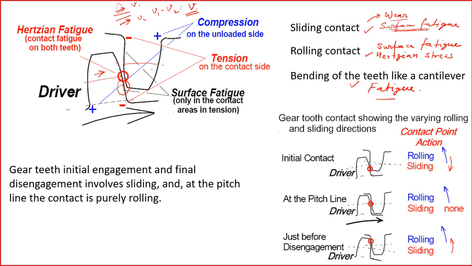Then as it goes away from the mesh, on the addendum part of the driver and dedendum part of the driven, there will be sliding again. This is the main cause of why sliding takes place. At each point there will be a certain amount of sliding and a certain amount of rolling.